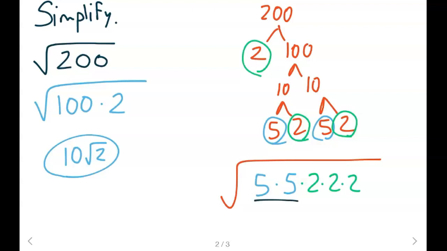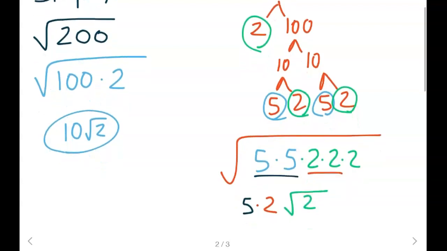We can take the square root of 5 times 5, we get 5. We can take the square root of 2 times 2, and we get 2. And the other 2 is left underneath the radical. So in front of the square root, we have 5 times 2. That's 10. 10 square root 2.